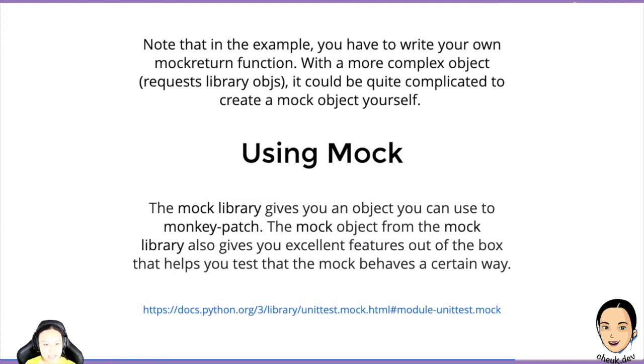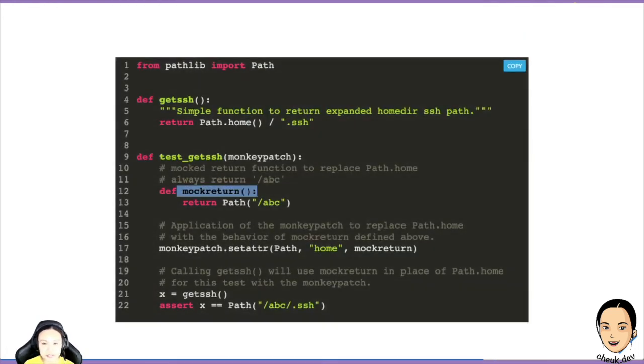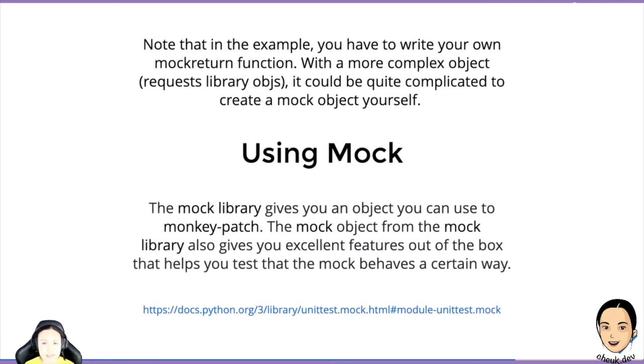But one thing about monkey patching like before is that you have to write your own mock return function here. This one is quite easy. I just want to change the path into ABC. This is straightforward. But if you have something like requests or something more crazy.